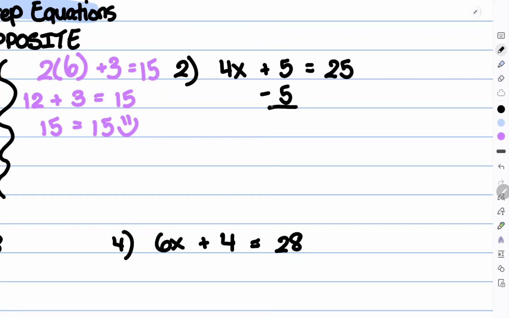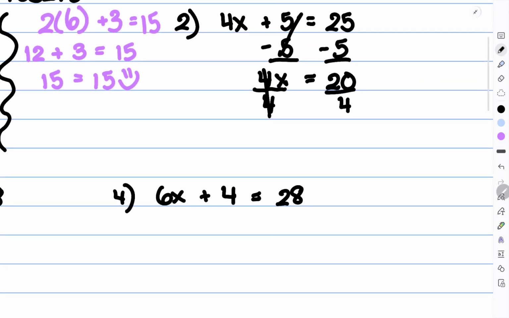That cancels out because 5 minus 5 is 0, and we subtract on the other side. 25 minus 5 is 20, and 20 equals 4x. Now we're back at what we learned last lesson. Instead of multiplying, we divide on both sides. 20 divided by 4 equals 5, so x equals 5.